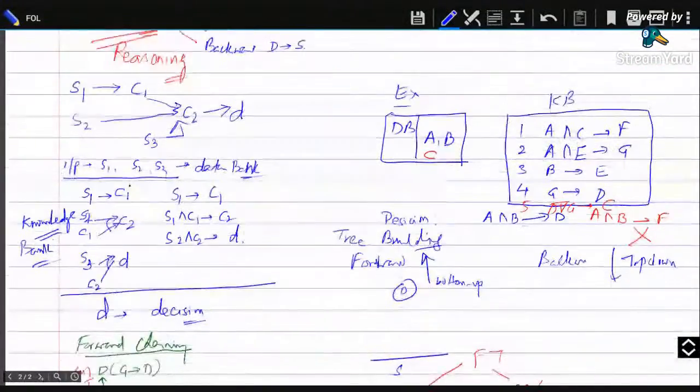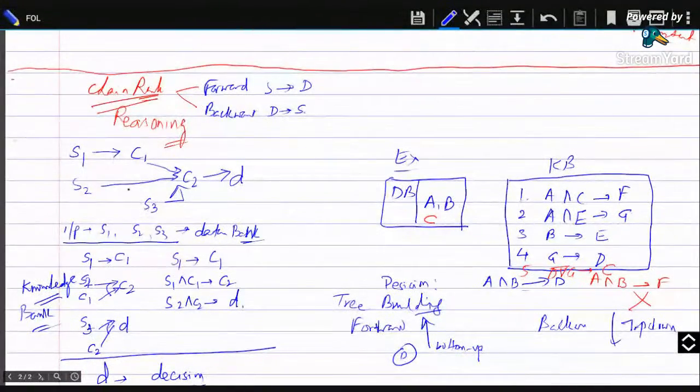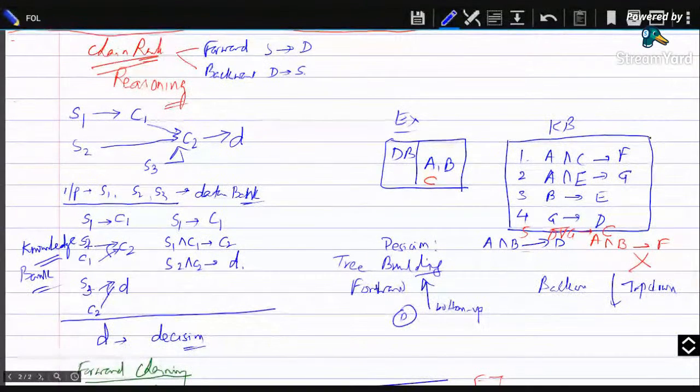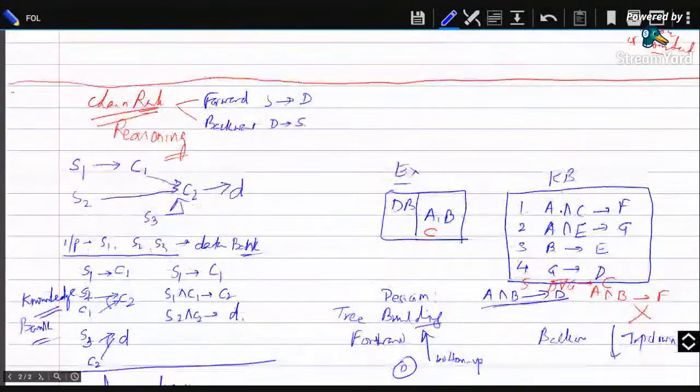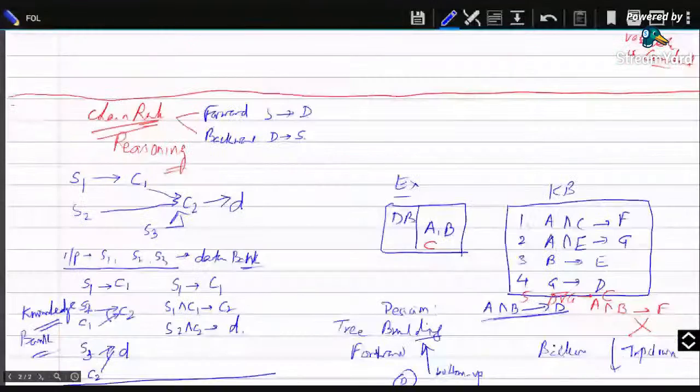Normally, we know some data, some information is available, some knowledge bank is available, and using the information and knowledge bank, we need to take some decision. For doing that, the chain rule is applied from one to one, one to one, one to one. We keep applying the chain.